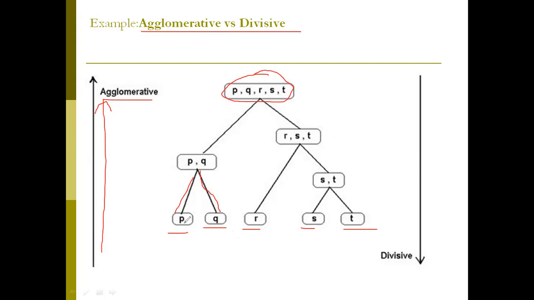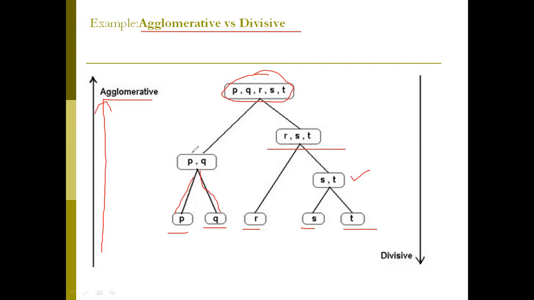So P and Q have similar features, so we combine these two into one cluster. And here also S and T have similar features, so S and T are combined into one cluster. After that, R is near to the S and T group, so we can join R into this cluster.